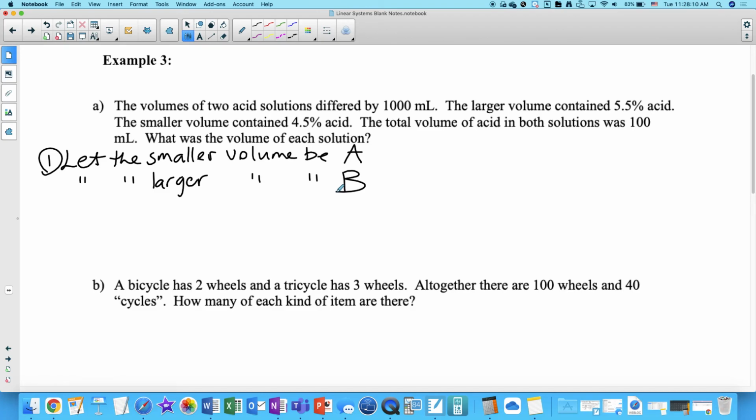Yeah, it's a difference. So in step 2, the volumes differ by 1,000, right? Differ means difference, subtraction. So when you take this larger and you subtract the smaller, you should get 1,000 milliliters. And that's B minus A.